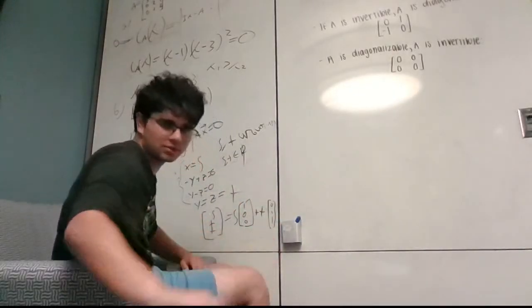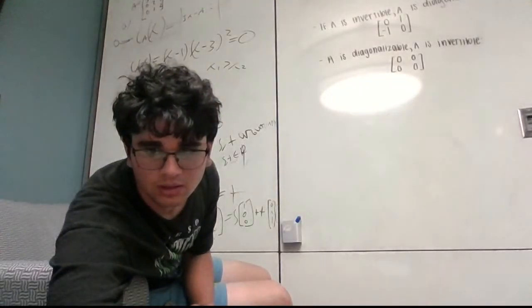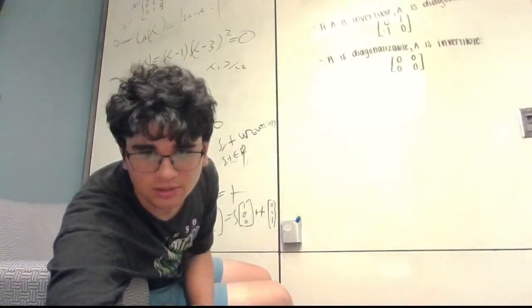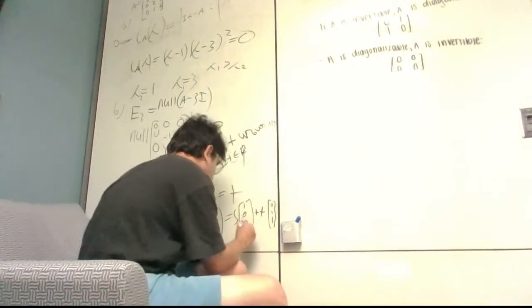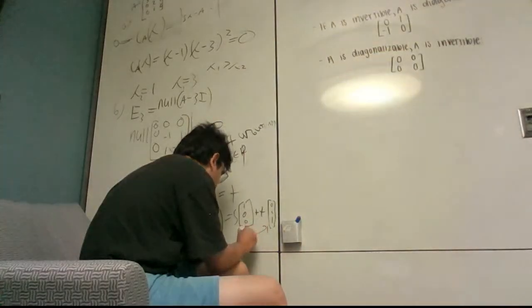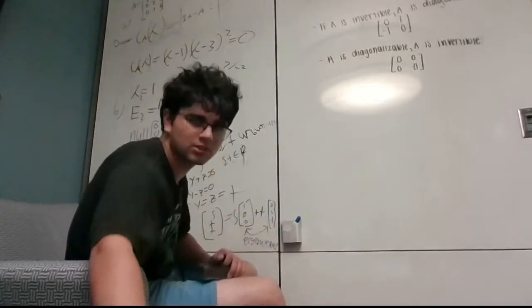There's three eigenvectors. Okay, no, that's good. So then these are the eigenvectors. I'd say there's 3 eigenvectors.